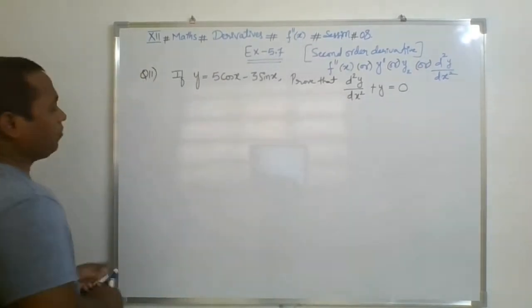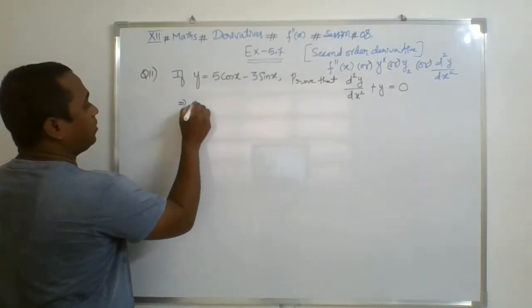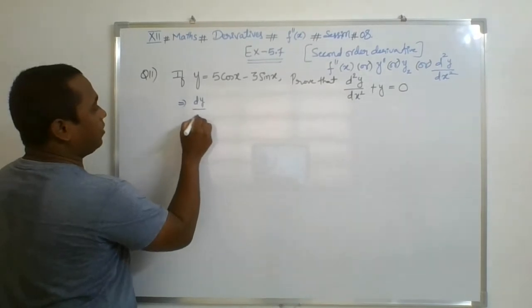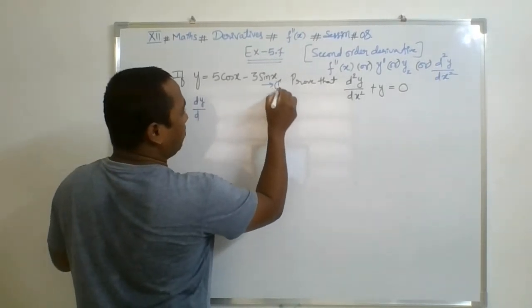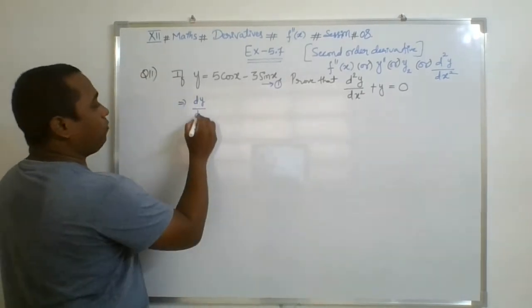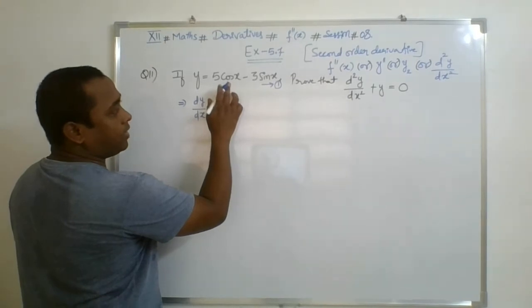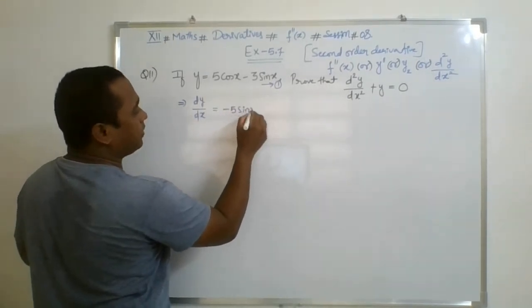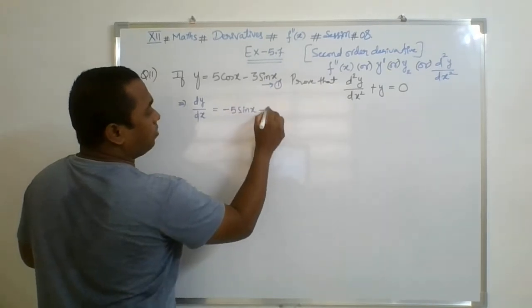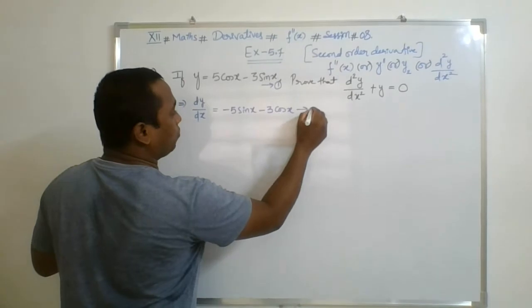Now see, if I go with that, I would say first the single derivative answer. So first take the given question as result number 1 and then go for the derivative dy by dx. Derivative of cos x is minus sin x. The answer would be minus 5 sin x. Sin x derivative is cos x. So this is result number 2.